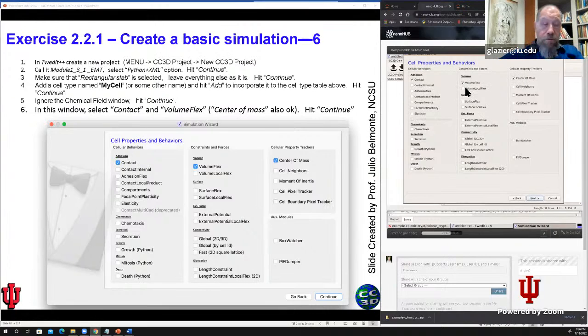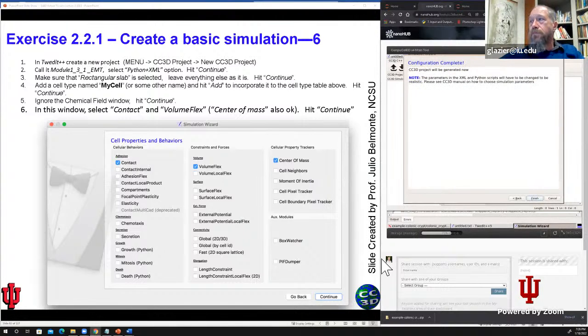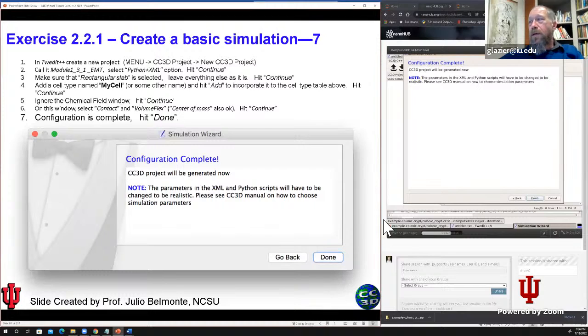And that's it for the moment. And we're going to hit next. And we're now done with the simulation, and we'll hit finish.